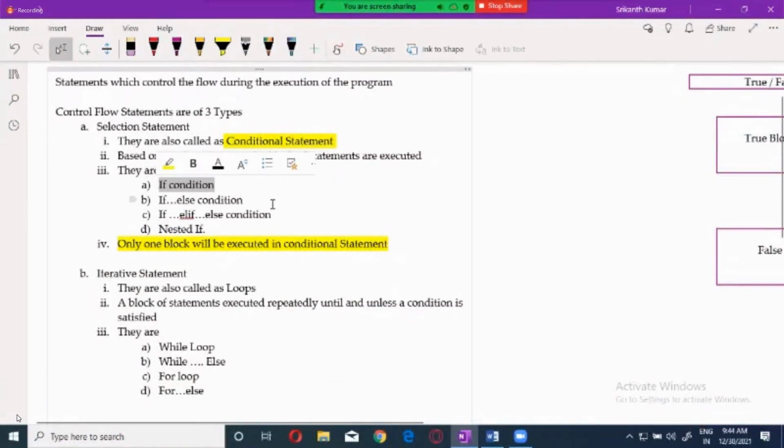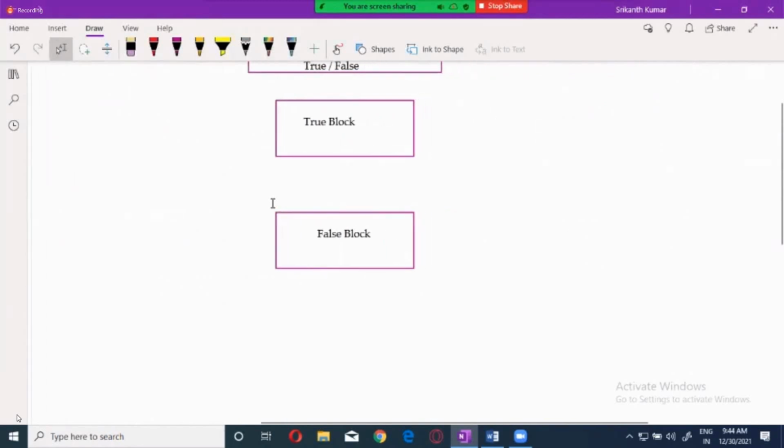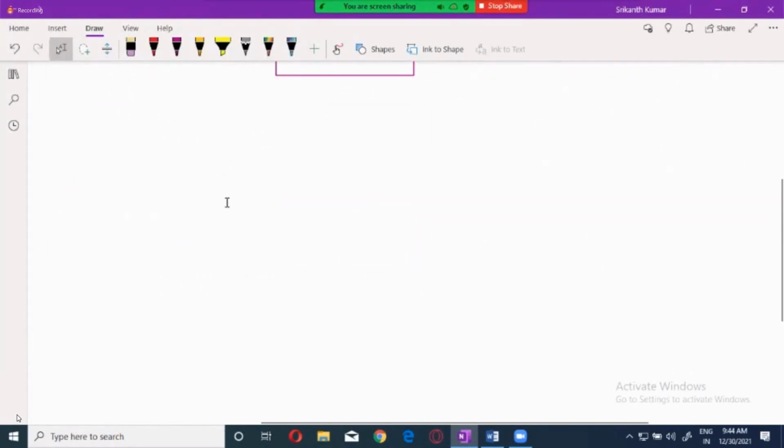For example, a simple syntax: if, then a condition, and there will be a colon over here. I will tell you the meaning of the colon, not to worry. And there will be an indentation, which is a very important point.